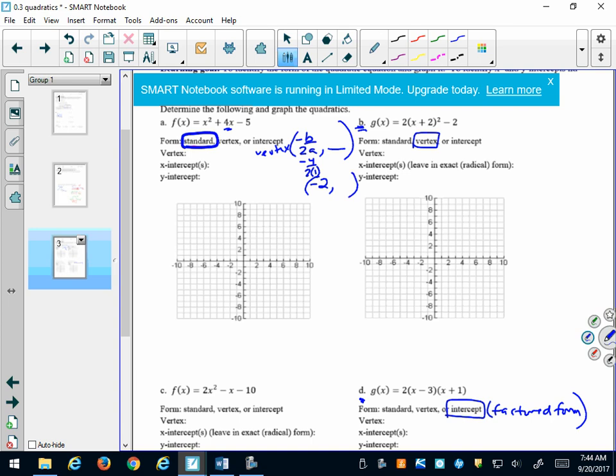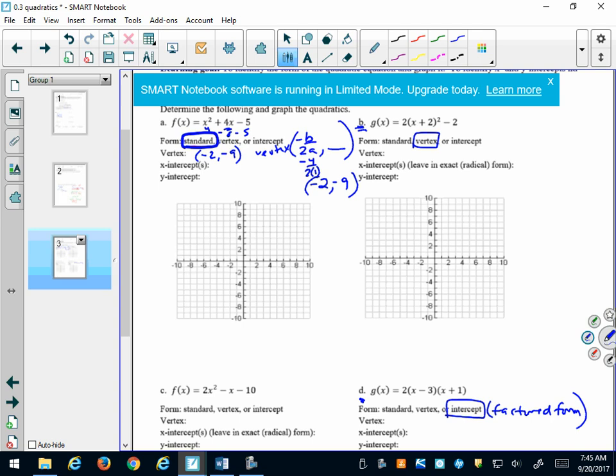So negative 2 is the first coordinate of the vertex. How do we get the y? Steph? Plug in negative 2 for x. So you plug in negative 2: negative 2 squared is 4, minus 8, minus 5. So that's negative 9. So our vertex is going to be negative 2, negative 9. That's one way of doing it.